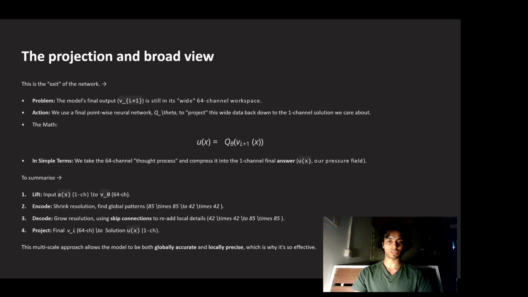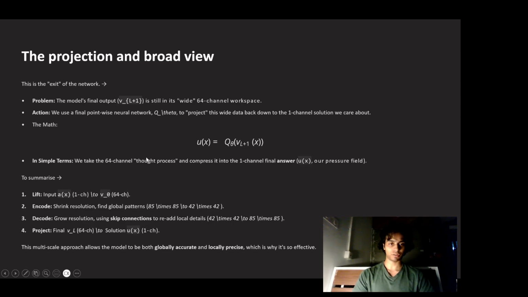So again, this is the way that the UNO works. The U of X is our pressure field multiplied by our theta coefficient. This function changes based on the heat map that is iterated over the input field. We can see an input of one channel that flows up to 64 channels.